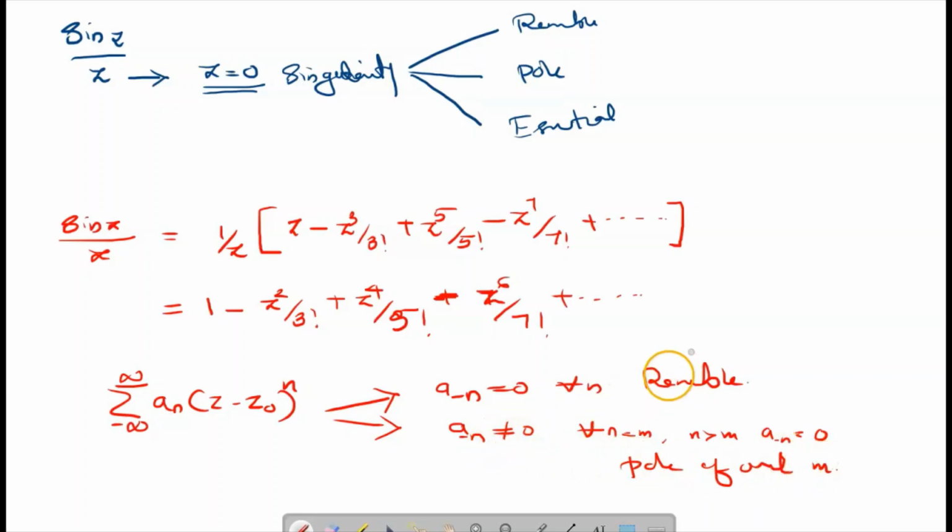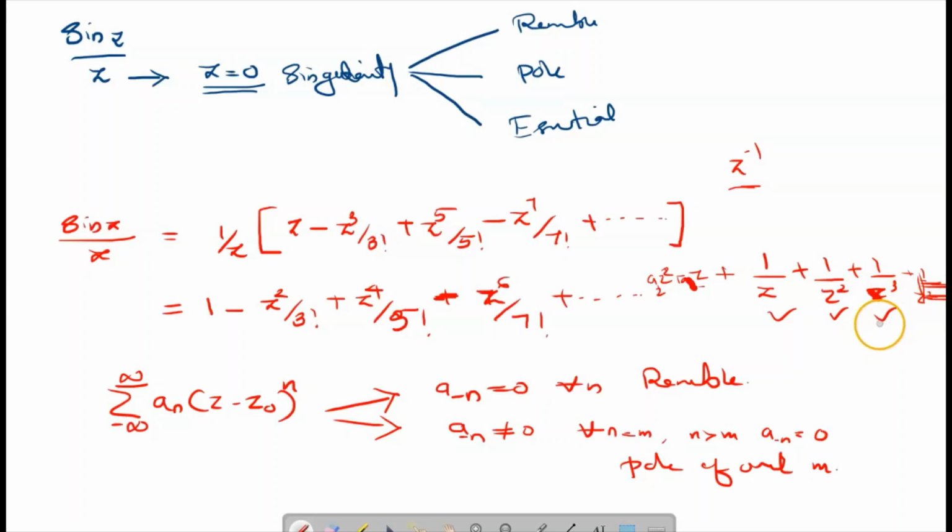That means if we have negative powers of z in the terms, like 1 by z, 1 by z square, 1 by z cube in the Laurent series expansion of some particular function, and all other negative terms have coefficients equal to 0, then the series has positive terms, a1 z, a2 z square, etc., and the only negative powers are up to the cubic power z cube.